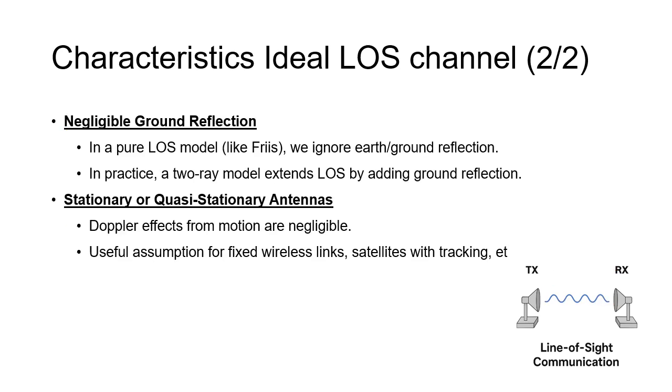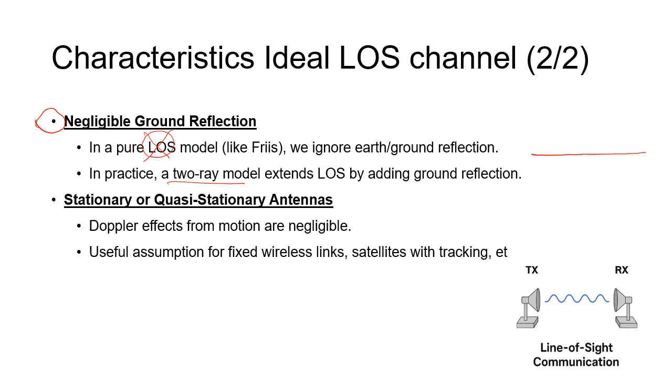The third characteristic is that there is negligible ground reflection, because if there is a ground reflection, we need another model, which is the two-ray model. We cannot use line of sight in this case. And why do we need to do this?